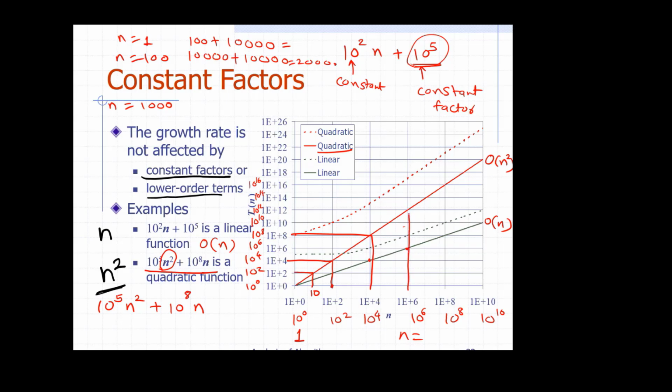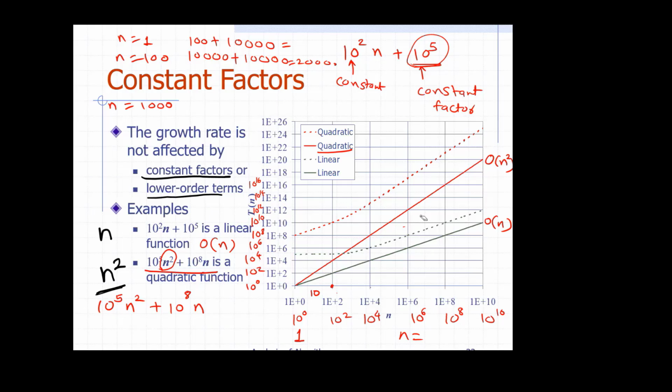If input is 10 raised to 6, my time is 10 raised to 12. So that's how my standard quadratic function time will be. Whatever is the power of n, my output will grow as the square of that value. So if it is 10, it is going to be 10 square, then 10 raised to 4, and so on. So this is a standard quadratic function they have shown with the red line.